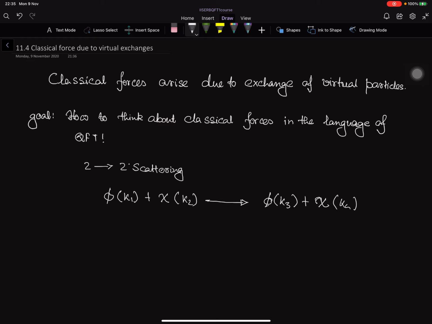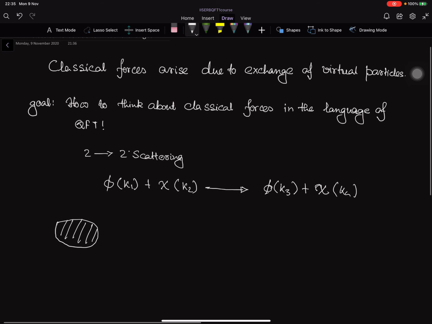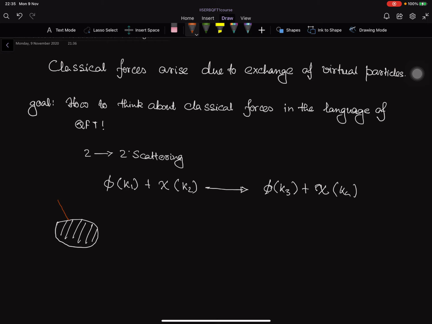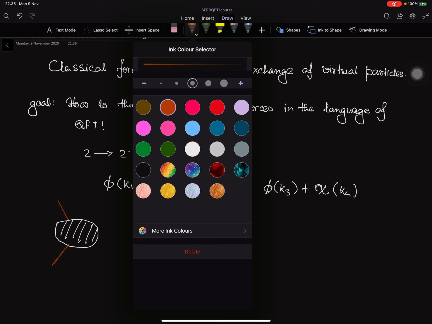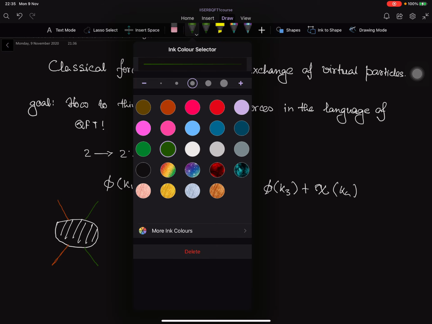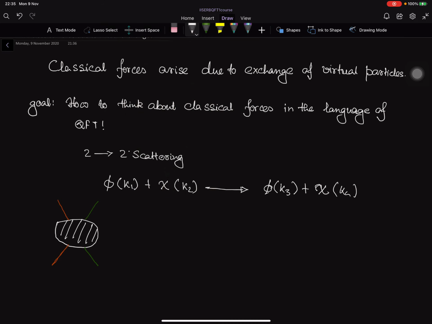So basically something is happening here, we don't know what, but let's say this is my phi particle and the other is my chi particle. The incoming and the outgoing set of particles are the same apart from different momenta, and let's say we know how to compute this scattering amplitude.